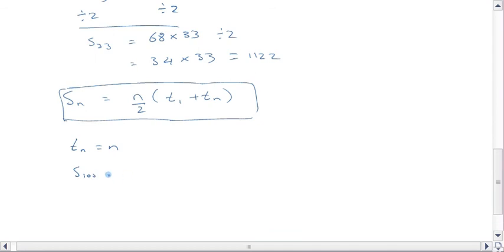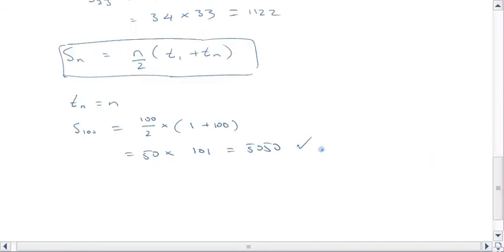S100, well, n is 100, so that's 100 divided by 2 times t1, which is 1, plus t100, which is 100. So this is equal to 100 divided by 2 is 50, times 100 plus 1 is 101. This is 50 times 101, so that checks. It agrees with what we got before.